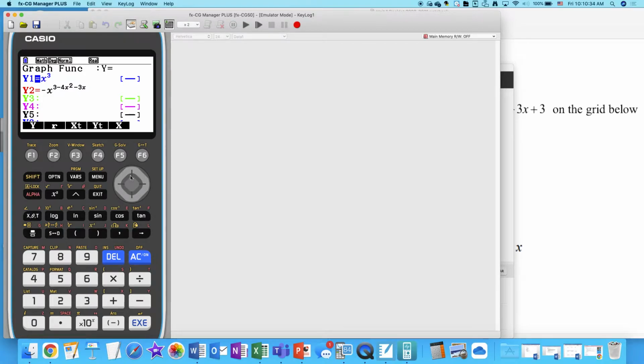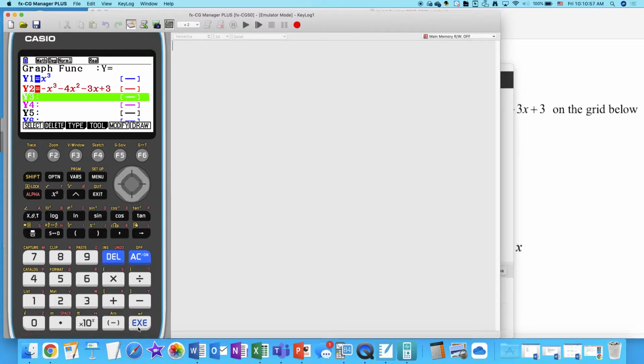Oh, wait, shoot. Okay, right. So once you're done with an exponent, you have to use, on both calculators actually, the forward arrow to get back down to the main line. Minus 4x squared. And then minus 3x plus 3.